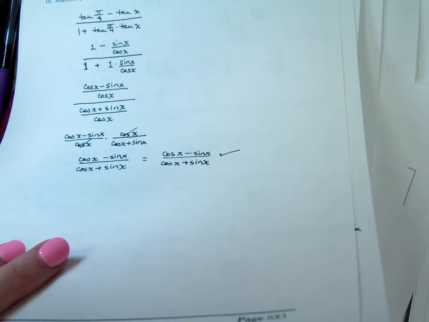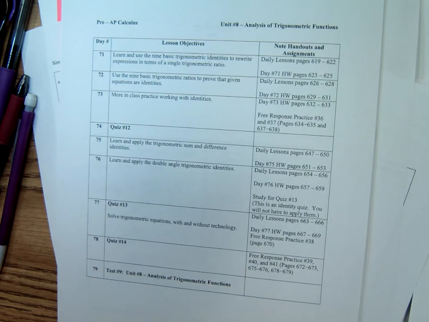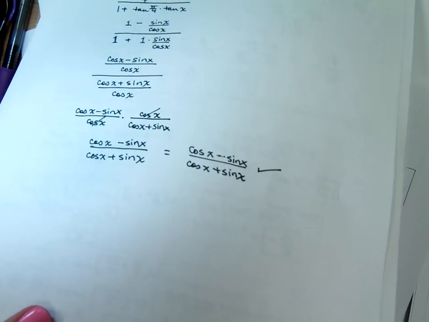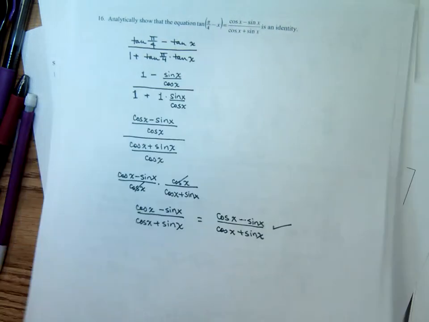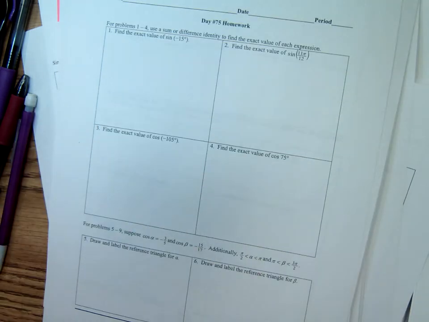Today, learn and apply the double angle trig identities. Day 77 quiz. Then another quiz. Then, bam, another quiz in your face. And then, cherry on the top, a test. I don't know. I think there's one more chapter.